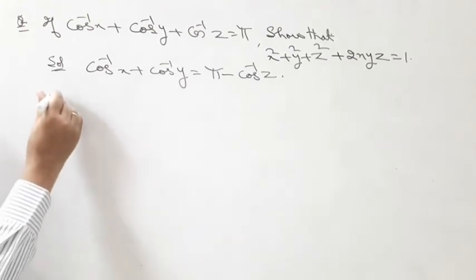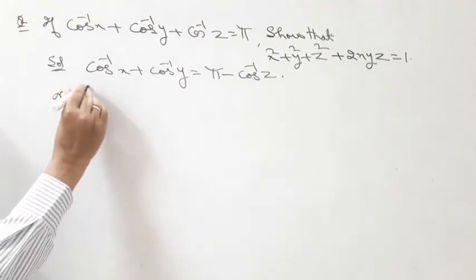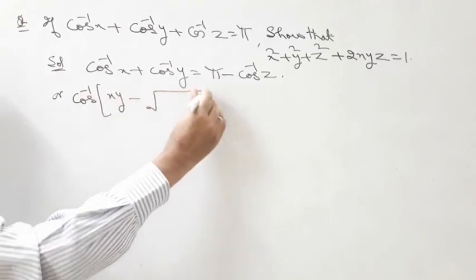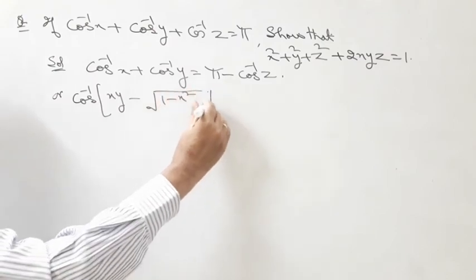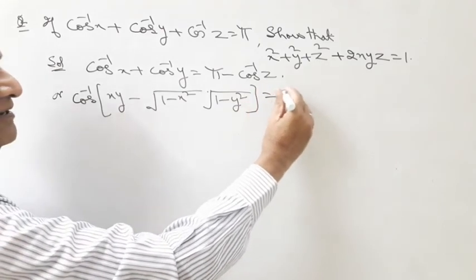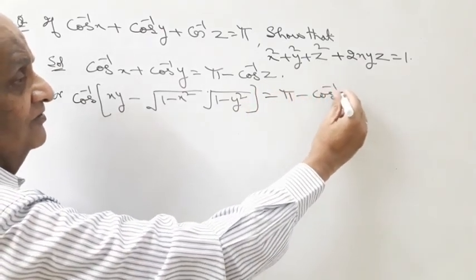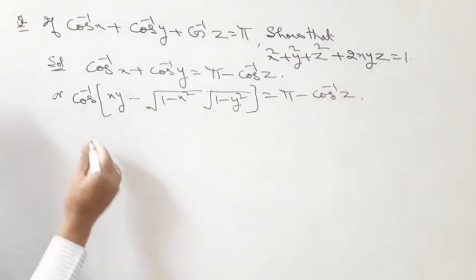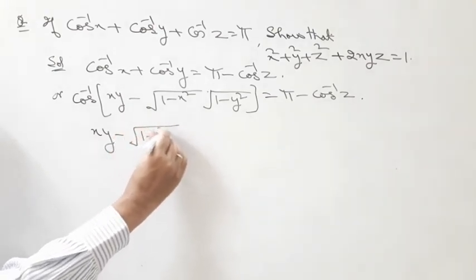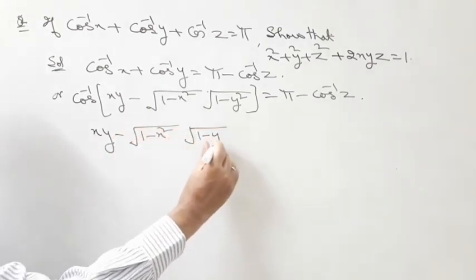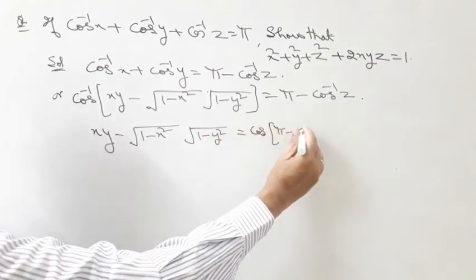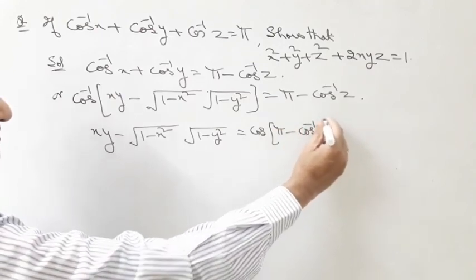Transposing, we get cos inverse of xy minus square root of 1 minus x square times 1 minus y square is equal to pi minus cos inverse of z. Or xy minus square root of 1 minus x square times 1 minus y square is cos of pi minus cos inverse z.